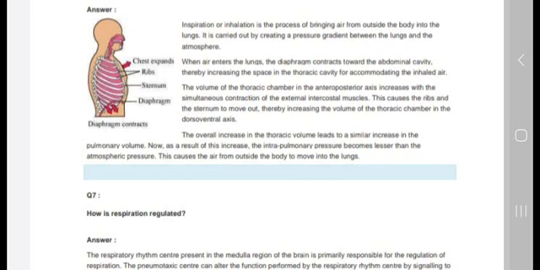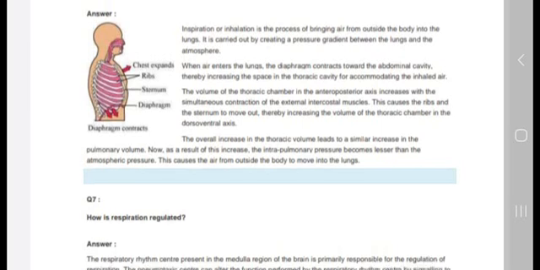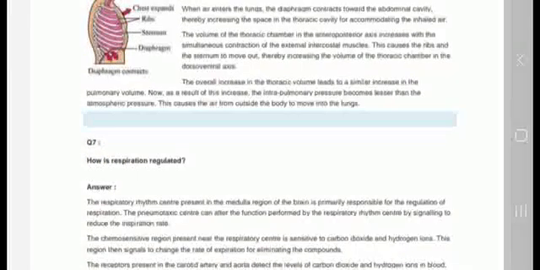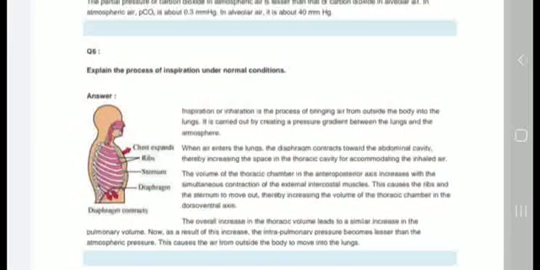The overall increase in the thoracic volume leads to a similar increase in the pulmonary volume, and as a result the pulmonary pressure becomes lesser than the atmospheric pressure. This causes the air from outside the body to move into the lungs. So like this the inspiration happens.